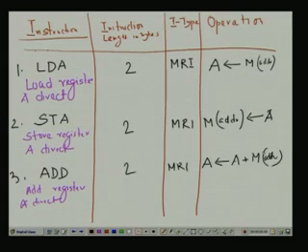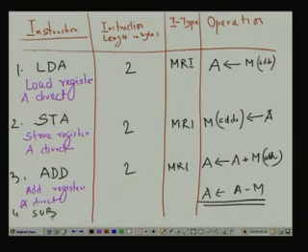Subtract is totally similar, only this will be replaced by A is A minus M. That is my subtract. Again these are MRI. In this way we can write the other instructions quickly.